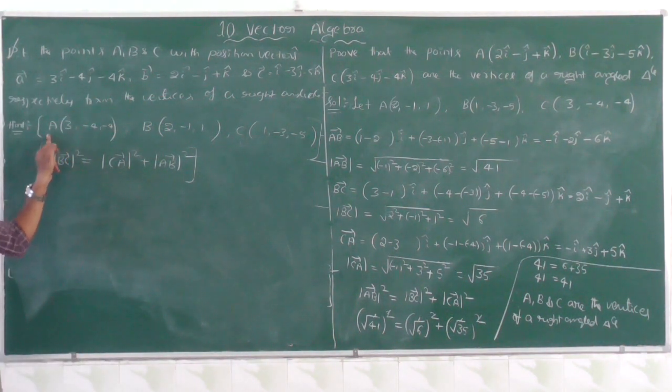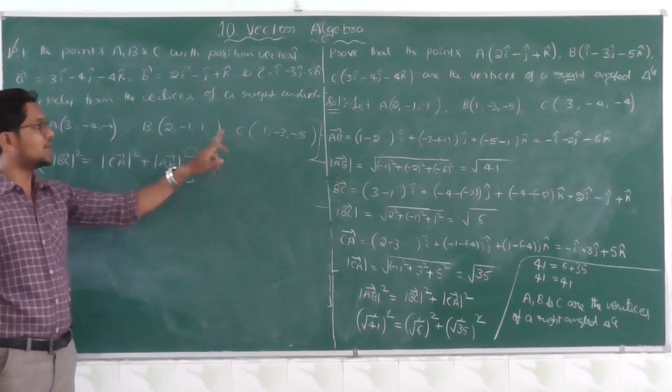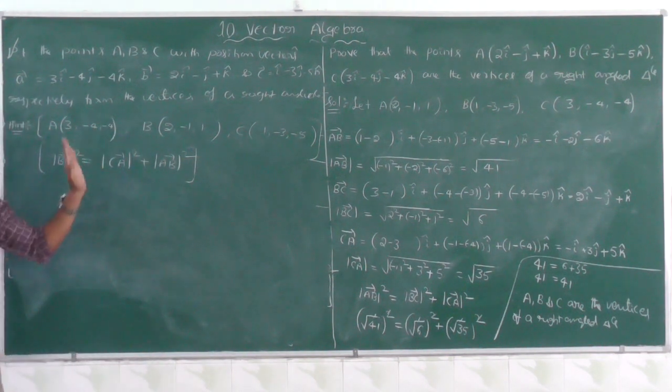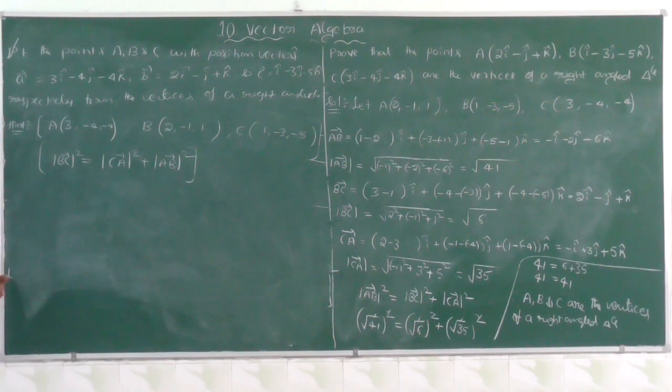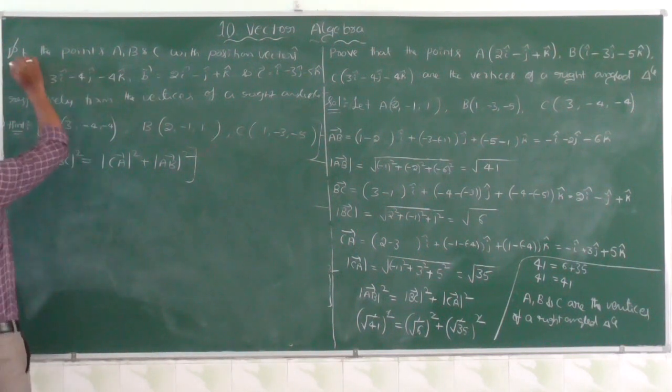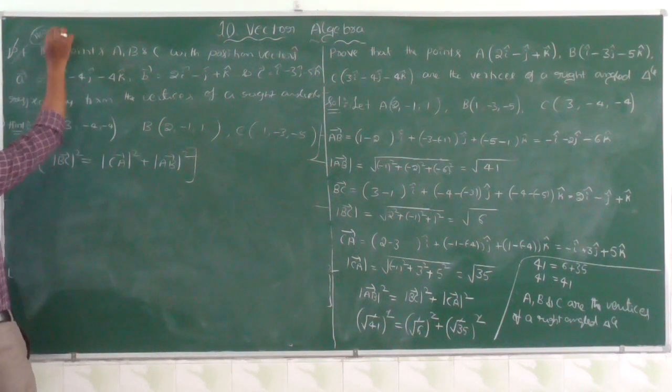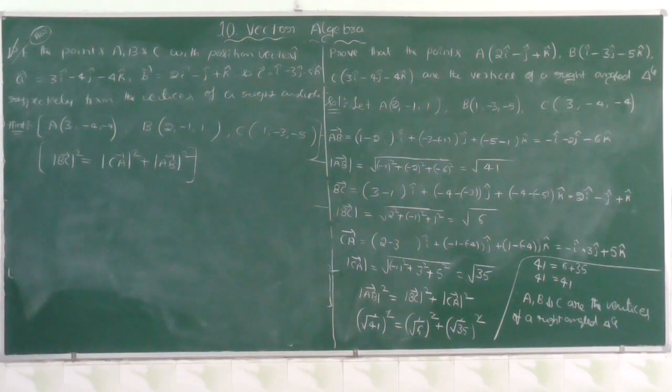I take them as the vertices A, B and C, in the points itself. Next you just verify this condition. Okay, hence those points are the vertices of a right angle triangle. It is a homework problem for you. Can you note down?